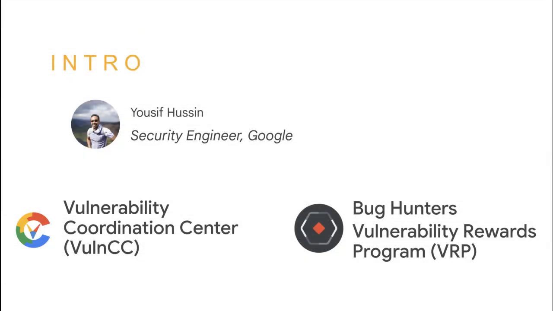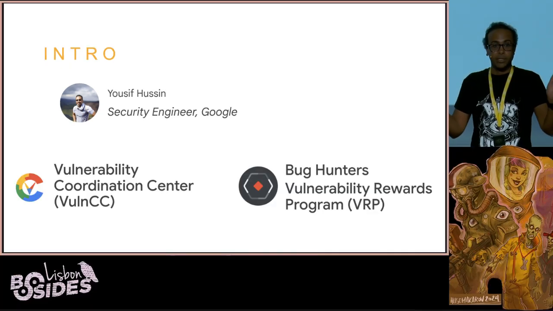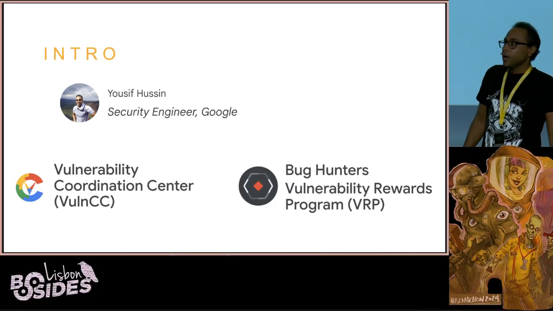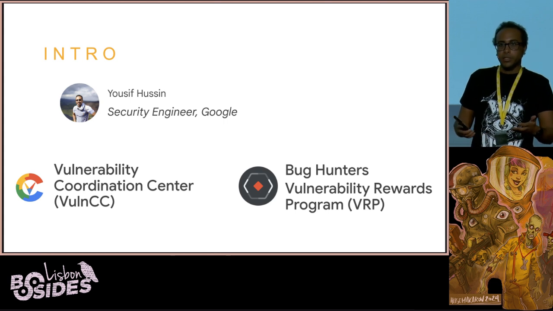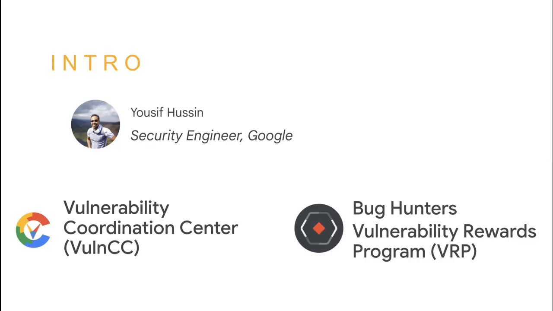The team that I was in is the Vulnerability Coordination Center, and the core responsibility of this team is to lead the remediation of supercritical, large-scale vulnerabilities that affect Google products. As you can probably imagine, sometimes addressing vulnerabilities is not as simple as just pushing a button and updating. Sometimes it might involve a lot of people, a lot of teams, a lot of systems.